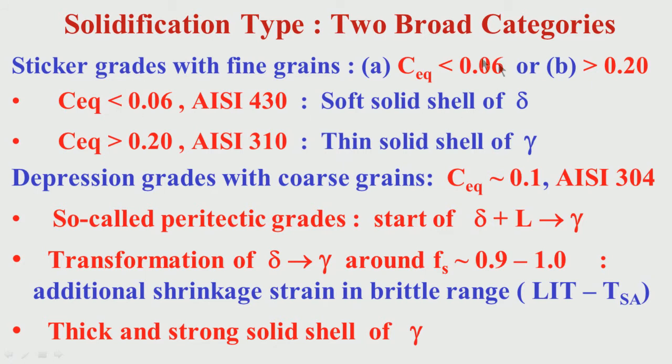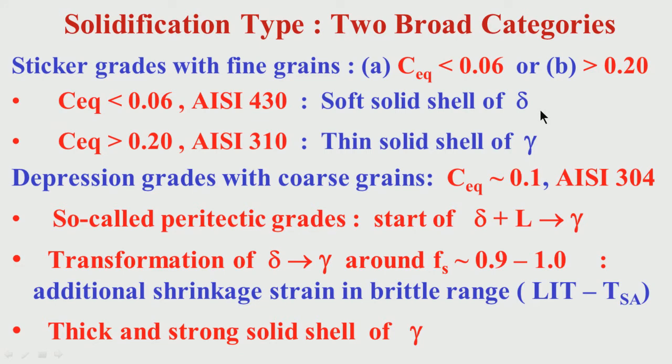So, now for the lower carbon equivalents I had mentioned, and also for ferritic type of stainless steel AISI 430, where the nickel equivalent divided by chromium equivalent is very low, those are the grades. You will find that it will indicate sticking because the solid shell is soft owing to its nature, that means it is delta ferrite.